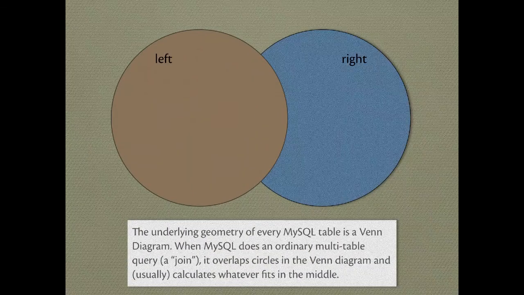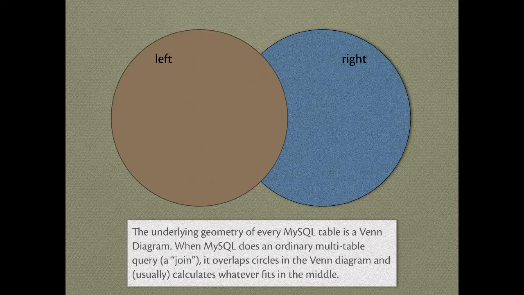Okay. Now, the reason Venn diagram humor is appropriate is because underneath every MySQL query is a Venn diagram. MySQL thinks of every table as if it is a set. And so when we do a query, it starts to overlap circles, just like we did in Venn diagrams back in school.